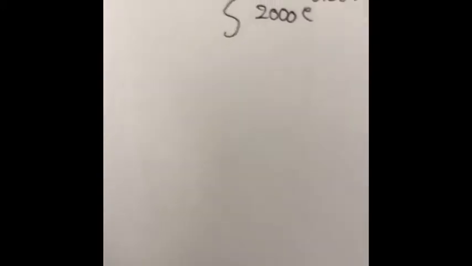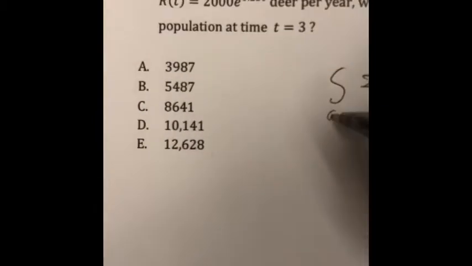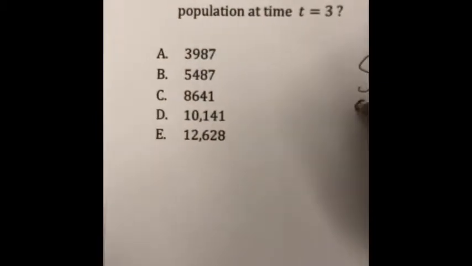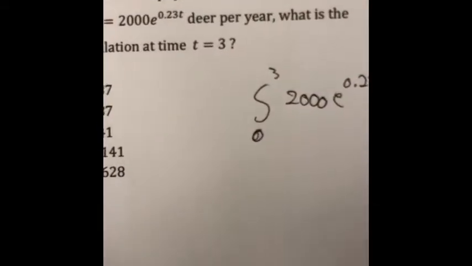So the integration of 2000 e to the power 0.23t from t equals 0 to t equals 3 will give us the population number from 0 to 3. So let's integrate this.